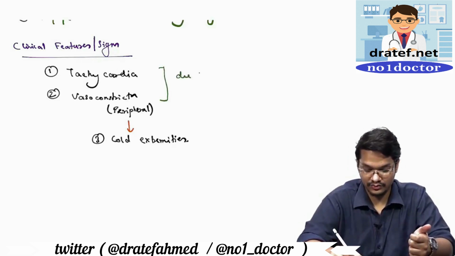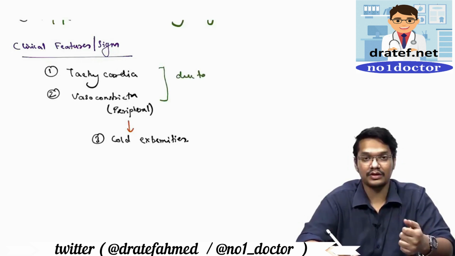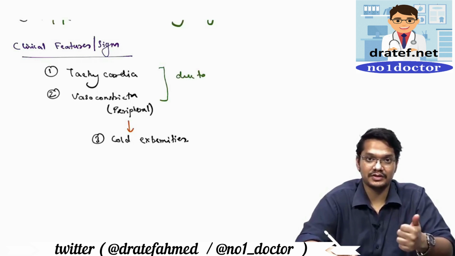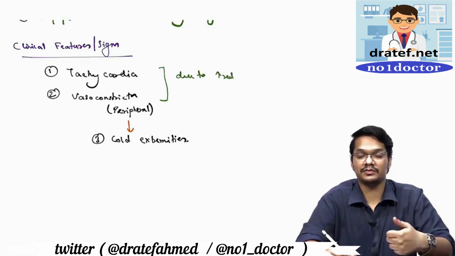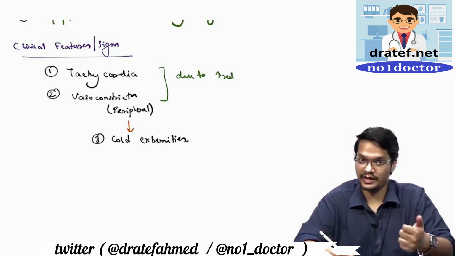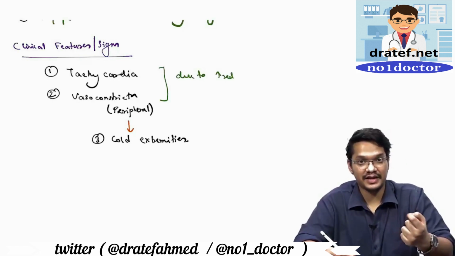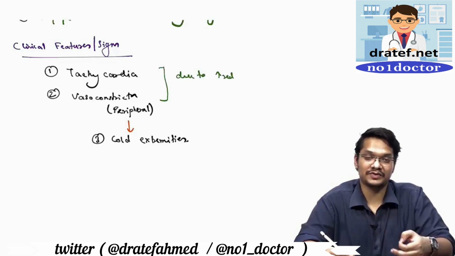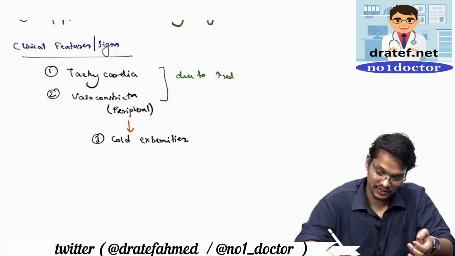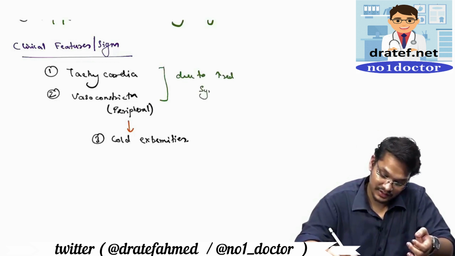This occurs due to increased sympathetic overactivity. There is increased overactivity of the sympathetic nervous system, which leads to tachycardia and vasoconstriction, and this occurs so that more blood can be diverted towards vital organs.